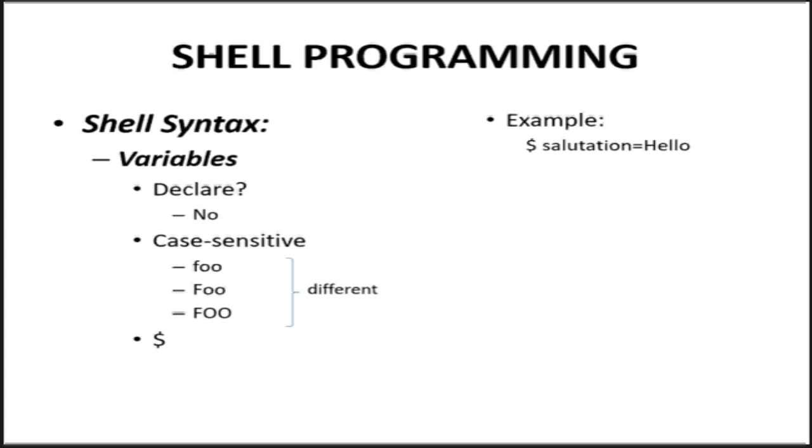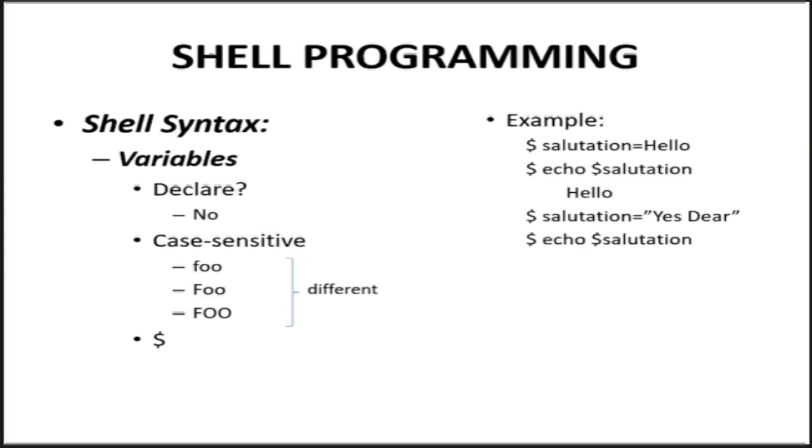By assigning the value to the variable, we are declaring the variable, and I am echoing it with the help of the echo command. It will display the output hello, and when I assign the variable salutation another value and echo salutation, the output of the variable is modified, changed to yes dear.